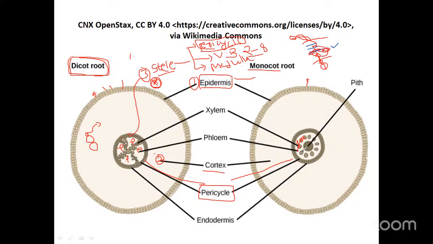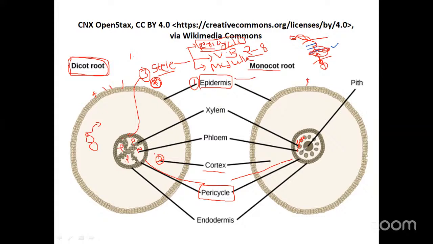Here also some differences between the dicot root and monocot root are given, page number 59. If you see the differences, the only differences are in the stele, remember. There are no differences outside the stele. That means no differences in the epidermis, almost similar.